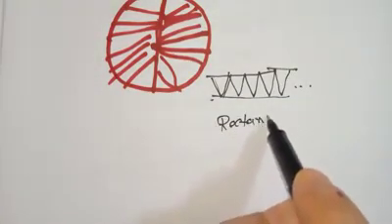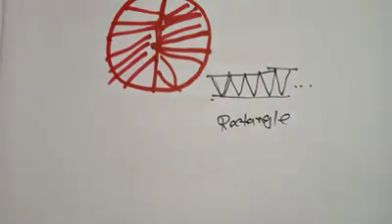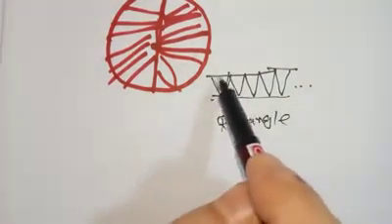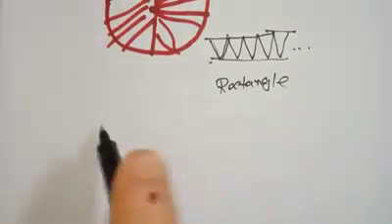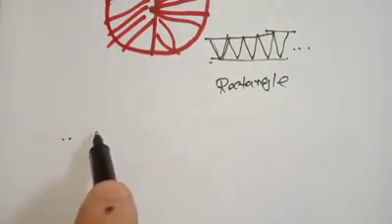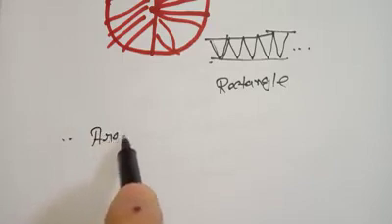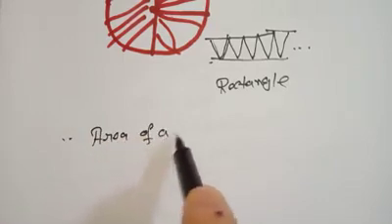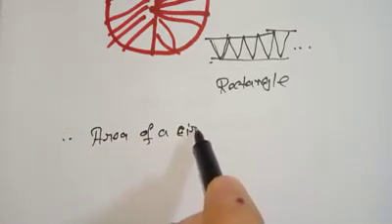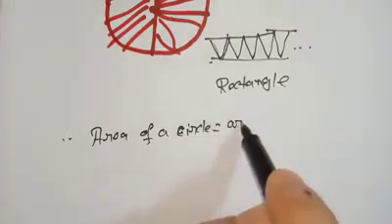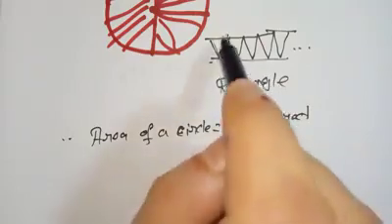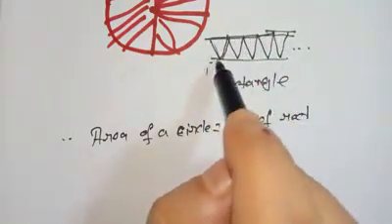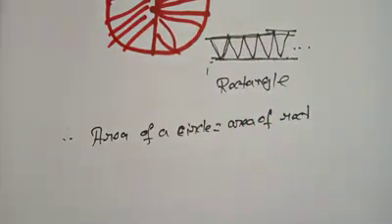It is similar to taking parts from the pizza that you are eating and arranging them so that it becomes kind of a rectangle. Now from here, the area of a circle becomes equal to the area of a rectangle, right? So this is some kind of an analogy which the mathematicians in those old ages found.